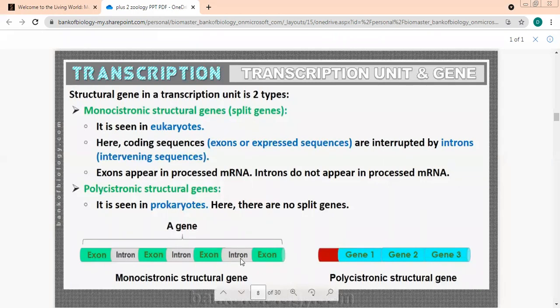So these are interrupted. You do not have a continuous chain of genes. So this is a monocistronic gene or split gene. But in prokaryotes, there are no split genes. We got gene 1, gene 2, and gene 3. We are not having any split genes. That is why this gene is called the polycistronic structural gene.